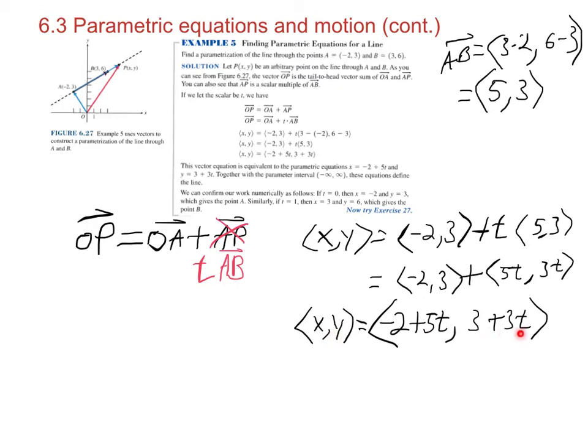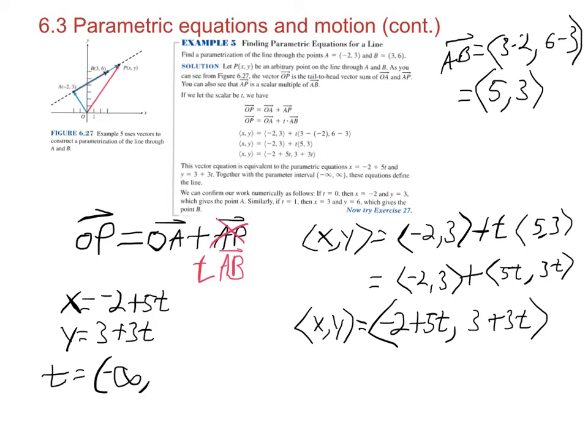The y value will equal 3 plus 3t, yielding x equals negative 2 plus 5t, y equals 3 plus 3t, and of course this is a line, it goes on forever, therefore we will say that t is the interval negative infinity to infinity, and there you have it. There's our answer.